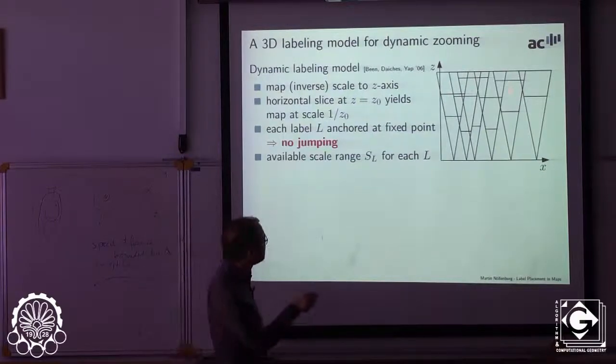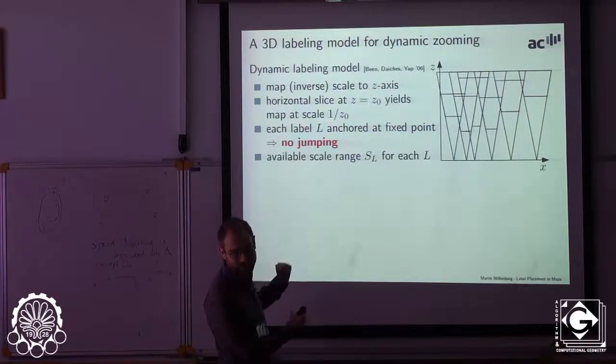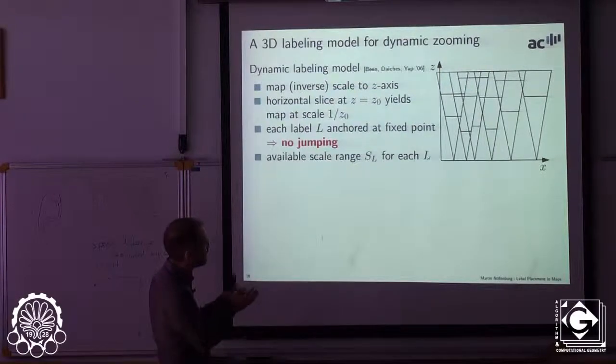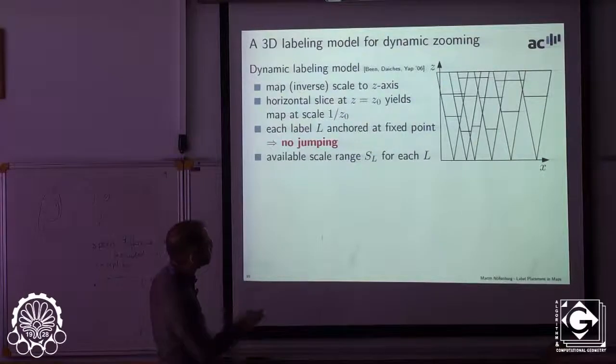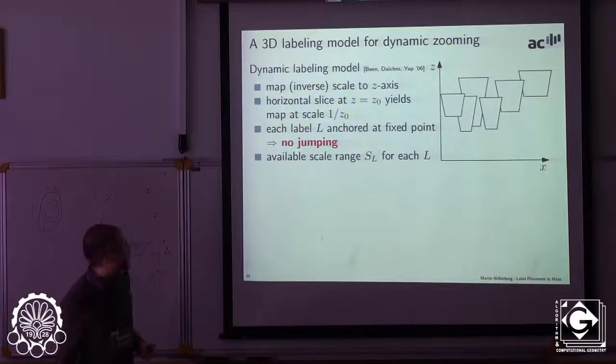And this we can model by having a vertical interval of when a label first becomes available and when it should no longer be displayed. If you don't have this extra information, then you can show every label all the time. But if you do, you get these trapezoids that show when a label might be selected.